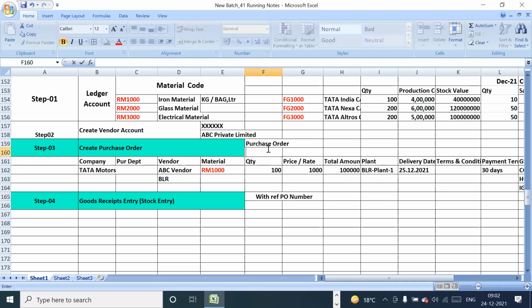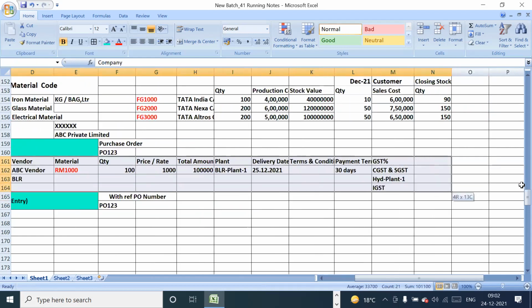Suppose this is my purchase order number, PO number 123. When I perform the stock entry, I just enter my purchase order number as a reference. Then the system should propose all this information automatically.